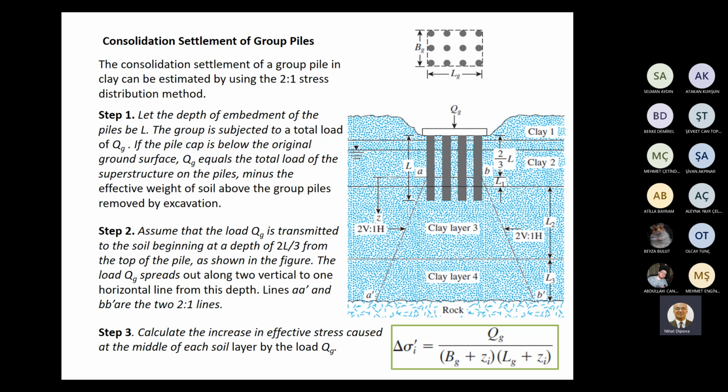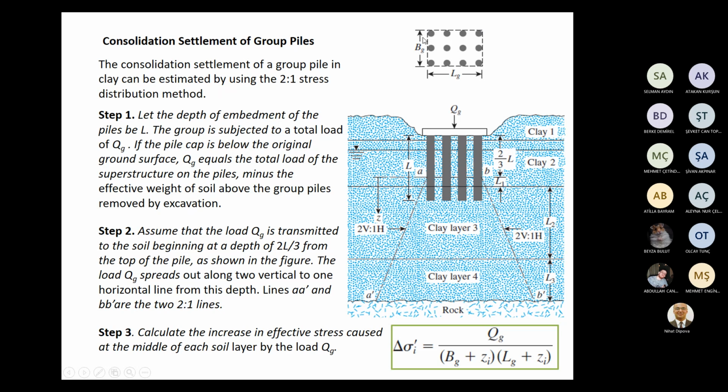Let me explain step by step again. In step 1, let the depth of embedment of the piles be L. Please note that L starts from below the pile cap. The group is subjected to a total load Q sub G if the pile cap is below the original ground surface.